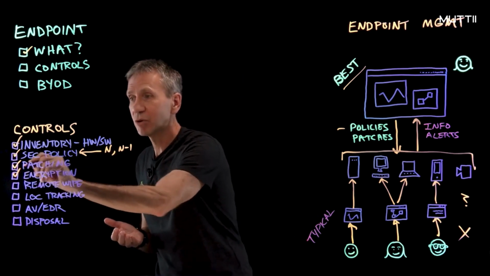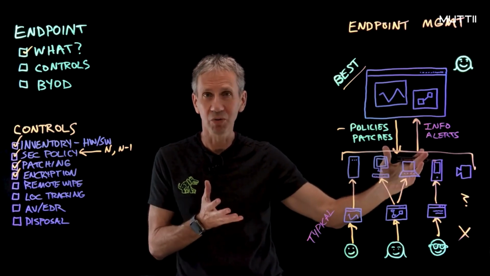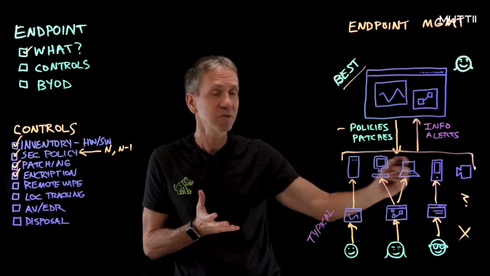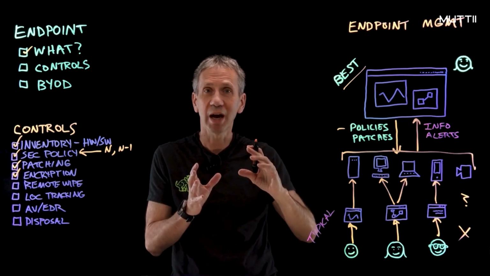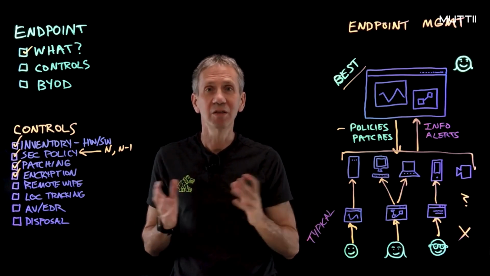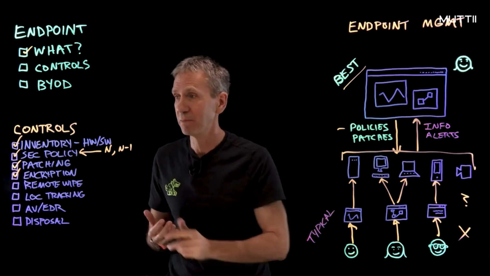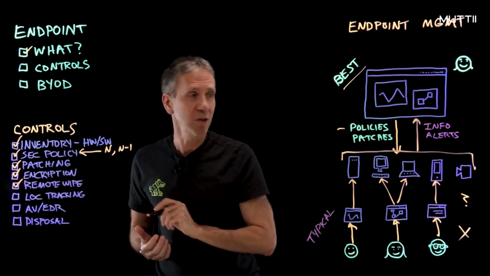Other things, an encryption policy. I might want any of these devices that can hold data, which is probably all of them, to have some sort of encryption policy so that I can make sure that if the device is lost or stolen, then nobody can get any information off of it because all the data that's on it is encrypted. Remote wipe capability.